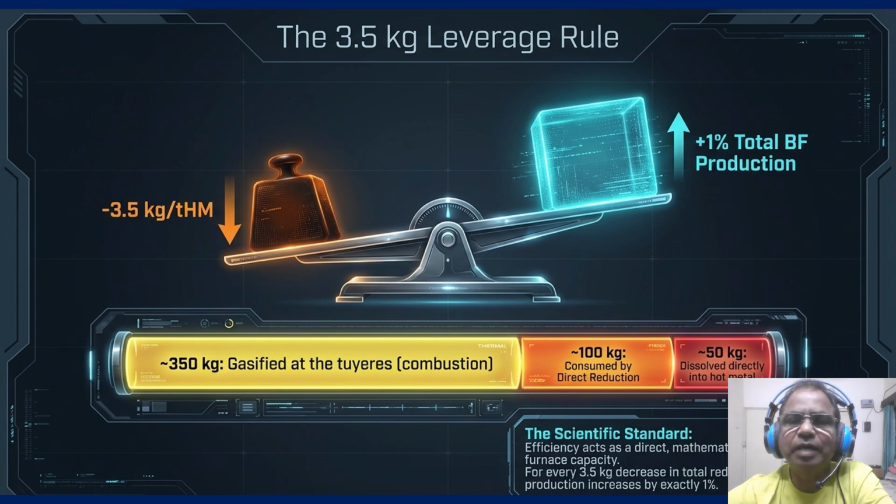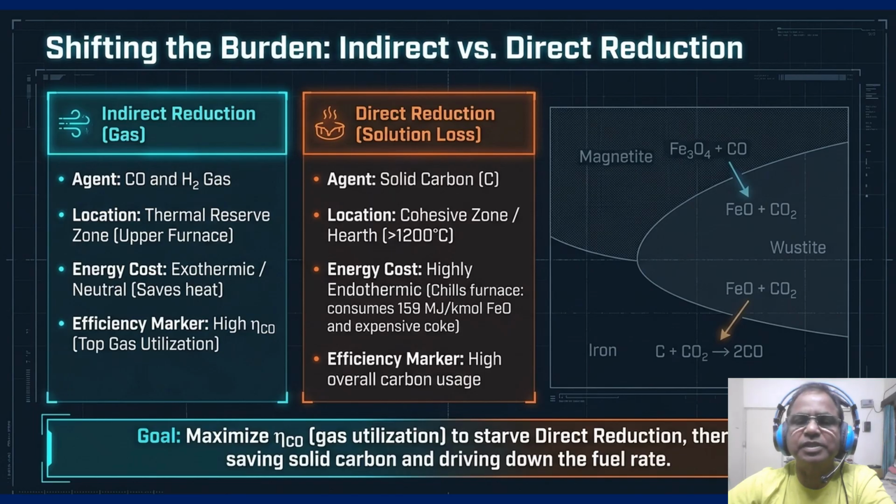But to hit these numbers, we have to talk about the chemistry occurring in the thermal reserve zone. Achieving a 3.5 kilogram reduction requires us to shift the chemical workload away from the hearth. So, shifting the burden: indirect versus direct reduction. This is the heart of the metallurgical battle.